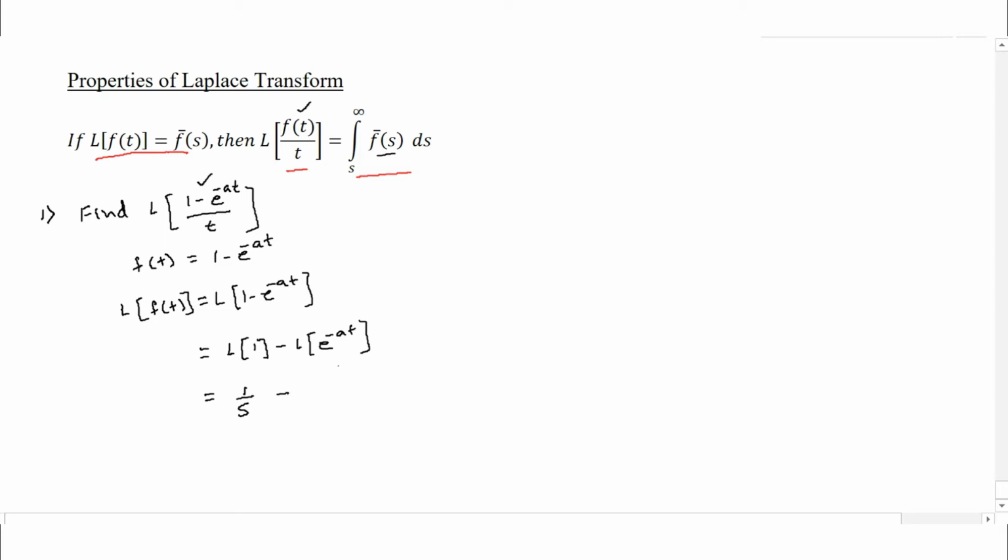The Laplace transform of e power of at is 1 by s minus a, so for e power of minus at we have 1 by s plus a. So the Laplace transform will be 1 by s minus 1 by s plus a. This will be acting as your f bar of s value.